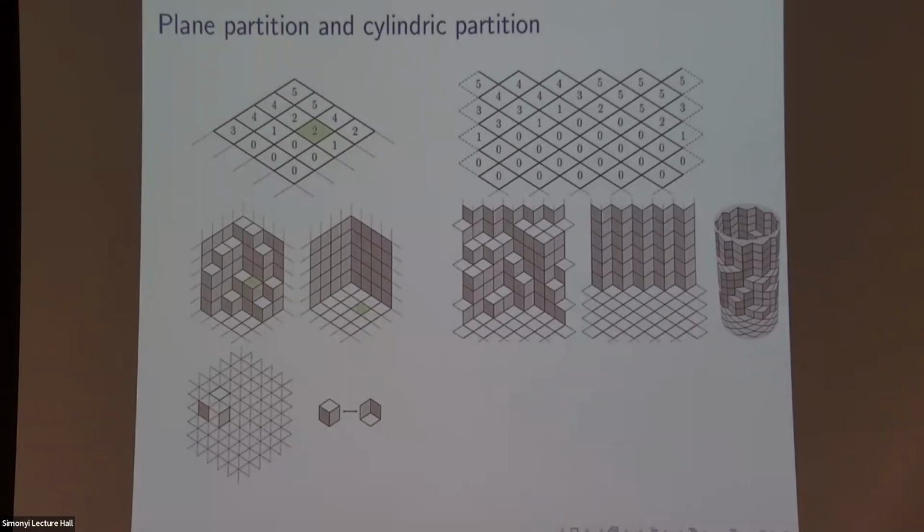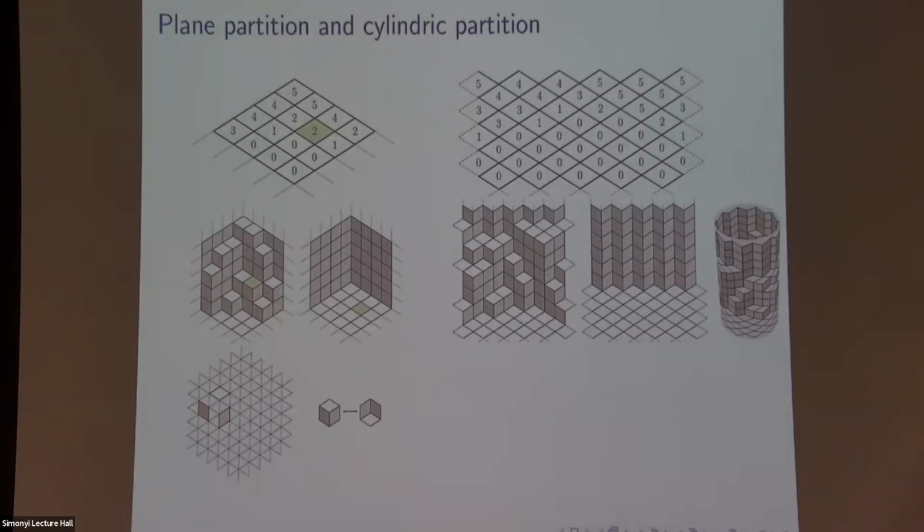And again, we want to fill boxes of this square grid with non-negative integers, such that entries do not increase when we move away from the boundary of this half-infinite cylinder in the directions of our square grid. Here is an example, and yet again, only finitely many of the entries are non-zero.